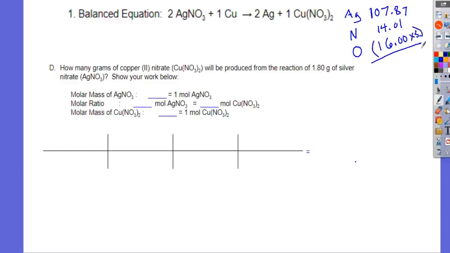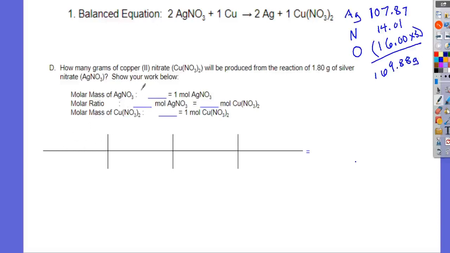So when I add this all together, 107.87 plus 14.01 plus 16 plus 16 plus 16 gives me a grand total of 169.88 grams.